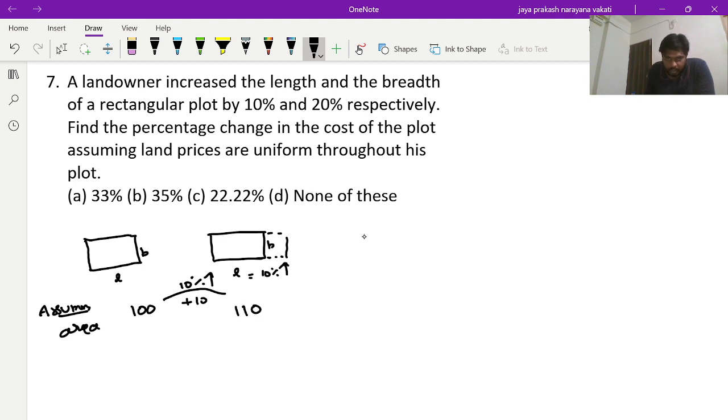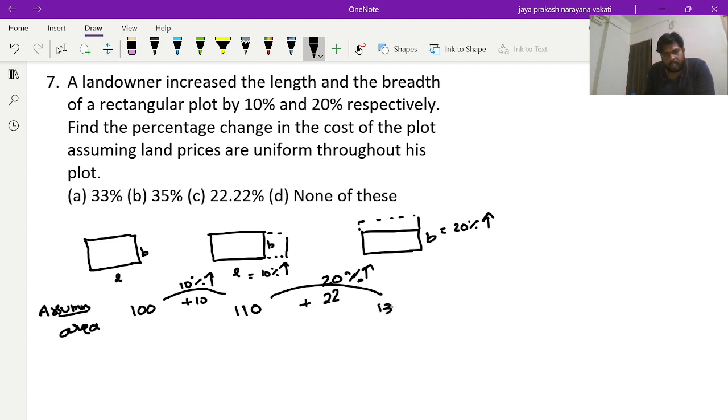Now not only the length is increased, the breadth was also increased by 20%. So the area will also increase by 20%. 20% of 110 is 22, so 110 plus 22 is 132. Initially it is 100, now it is 132.